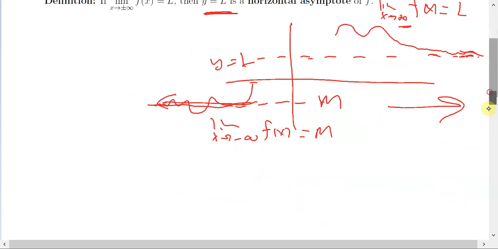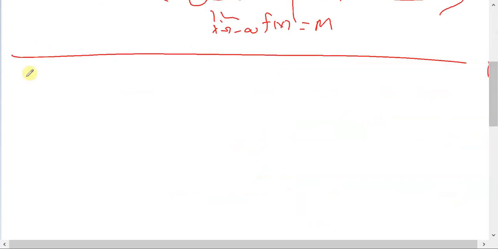So if we look at our basic functions, we have some functions with horizontal asymptotes. For example, the 1 over x graph, 1 over x to a power, we know that this graph looks like this.